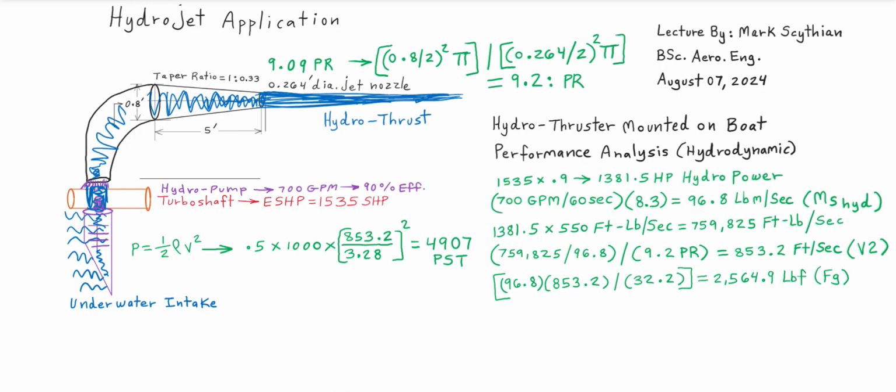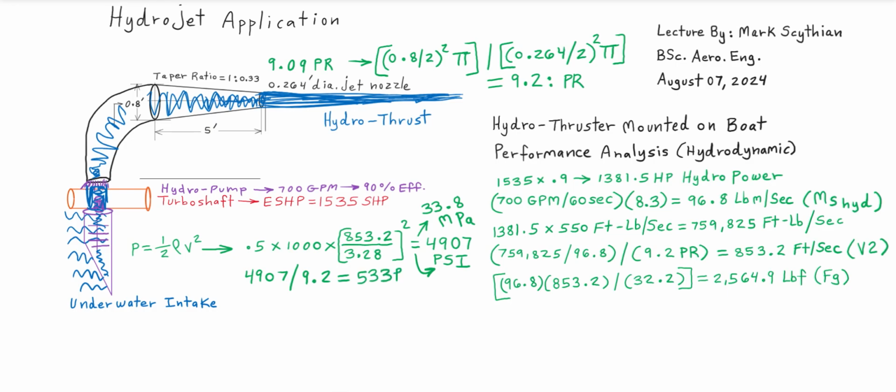So we compute actually 33.8 megapascals. When divided into 6894.76, we get 4907 pounds per square inch gauge pressure.